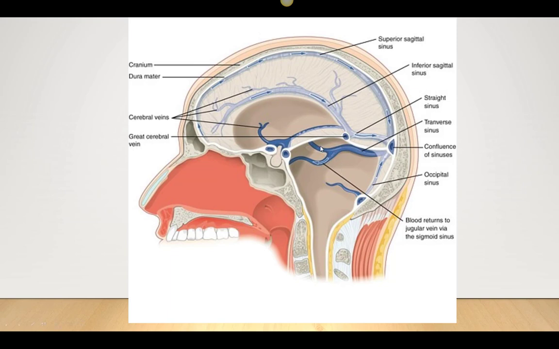That hasn't been shown here. This should continue as one vein and become the internal jugular vein, it just hasn't been shown here. But in the next picture, we have the continuation that becomes the internal jugular vein. So this is the posterior circulation.